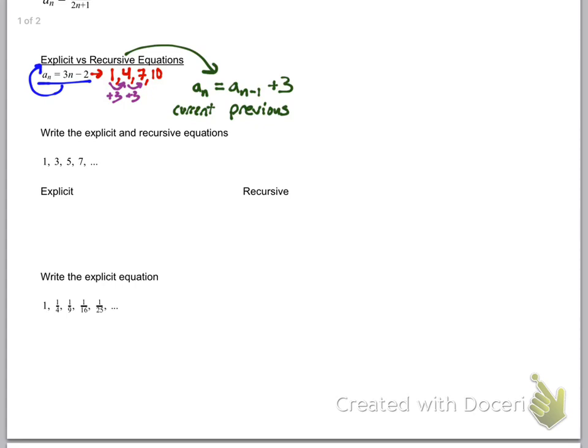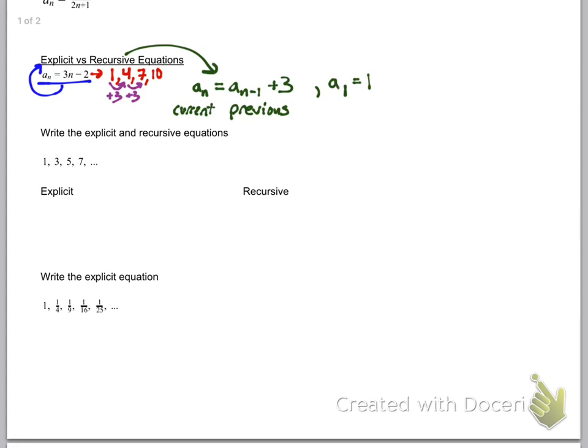So the formula is a sub n equals a sub n minus 1 plus 3. In other words, take the previous term, add 3 to it, and get the current term, or the next term. And whenever you have a recursive equation, you need to define the first term, otherwise you don't know where we're starting. And in this case, a sub 1 is 1. So that means the first term is 1.